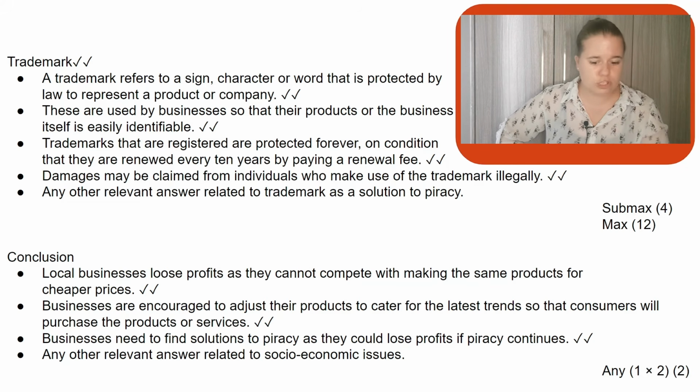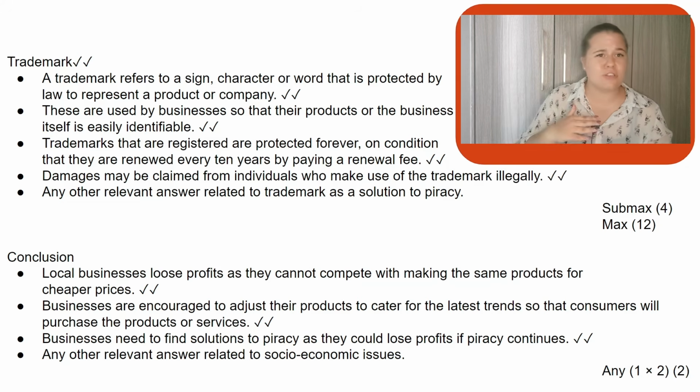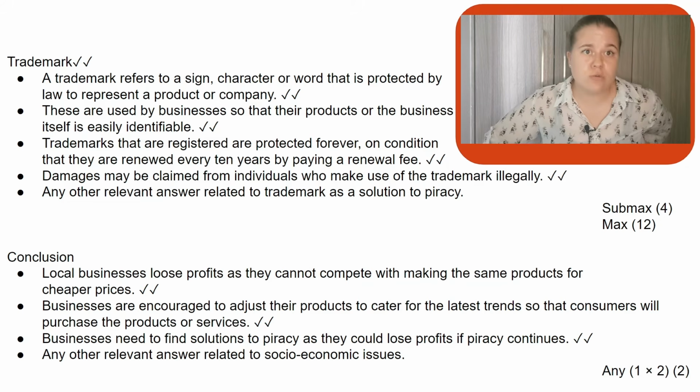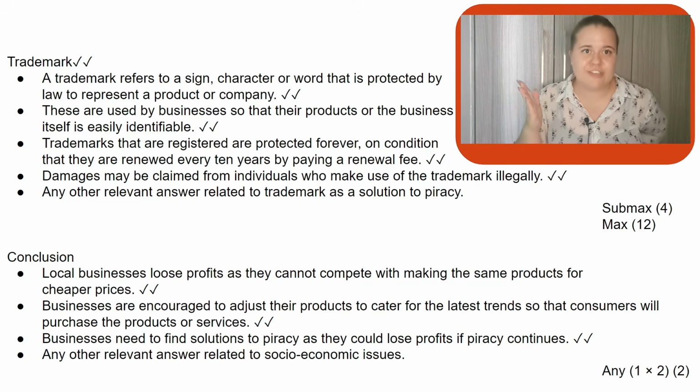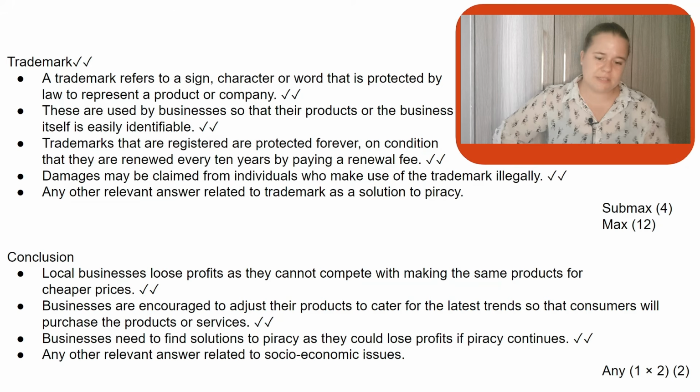Then your conclusion. You can use anything here in the conclusion, anything that wasn't asked, like I've mentioned, dumping, illiteracy, anything that wasn't asked you can use here in your conclusion. Just make sure you are not mentioning something you have already mentioned because it's going to be a repeat. Local businesses lose profits as they cannot compete with making the same products for cheaper prices.